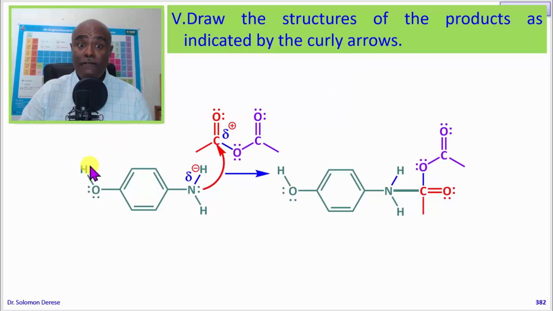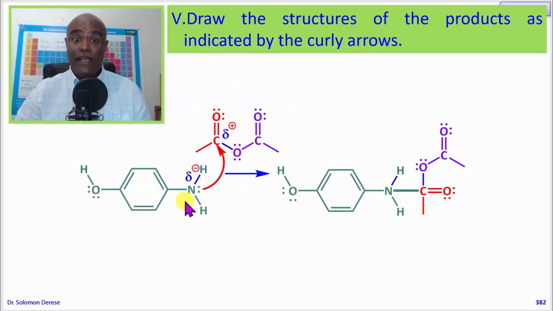What we have achieved so far: we have identified the nucleophile and the electrophile, and we have positioned them in a bonding distance where they can easily form a bond with one another. We have identified that the nucleophile is 4-aminophenol and the electrophile is acetic anhydride.